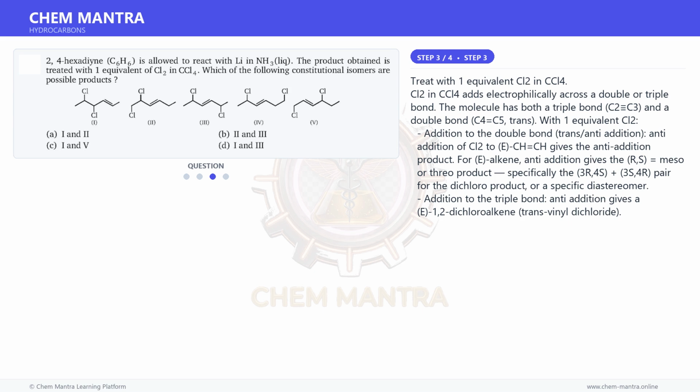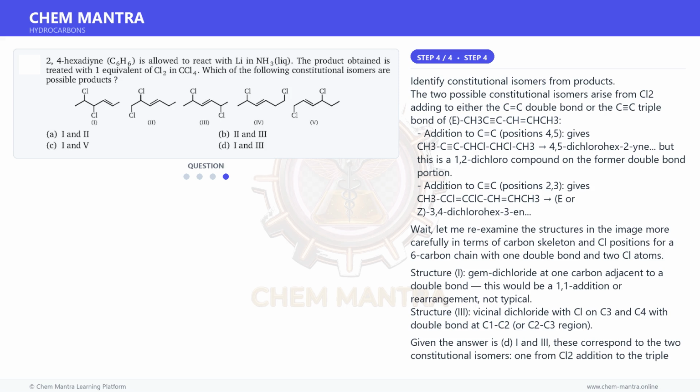With 1 equivalent Cl2, addition to the double bond is trans, anti-addition of Cl to CH=CH. For an E alkene, anti-addition gives the racemic or meso product, specifically the 3R,4S plus 3S,4R pair for the dichloro product, or a specific diastereomer. Addition to the triple bond, anti-addition gives an E-1,2-dichloroalkene, a trans vinyl dichloride.